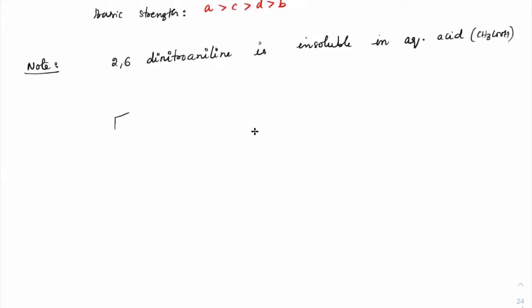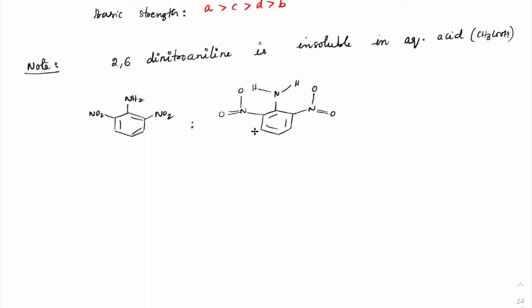Let us try to understand the reason behind it. See, when you have NH2 connected with NO2 at the 2 position and 6 position, we have N with H and H here, N with double bond O, N with double bond O. So you can see it will show hydrogen bonding between oxygen and hydrogen here.